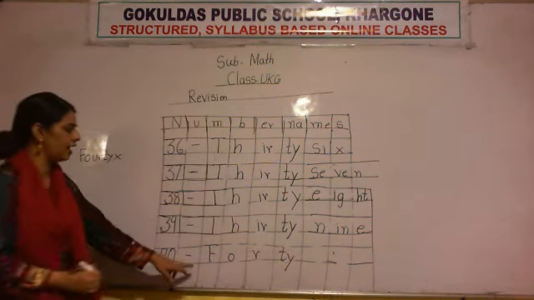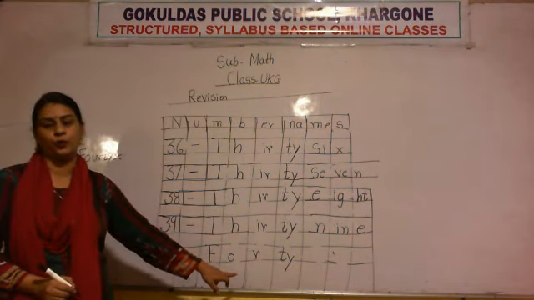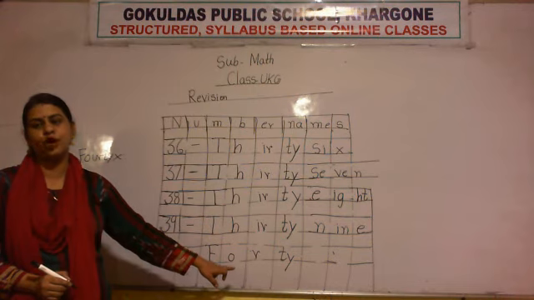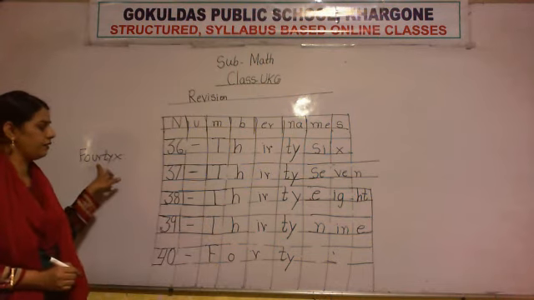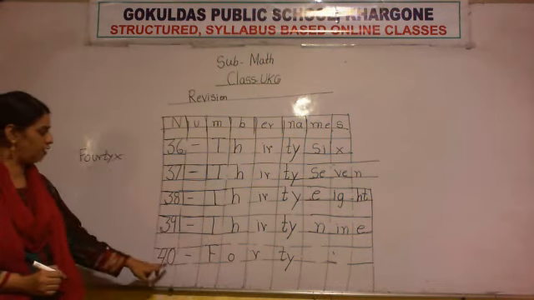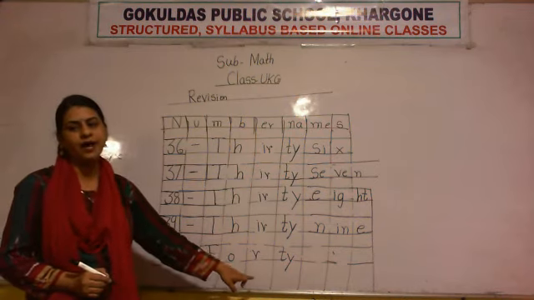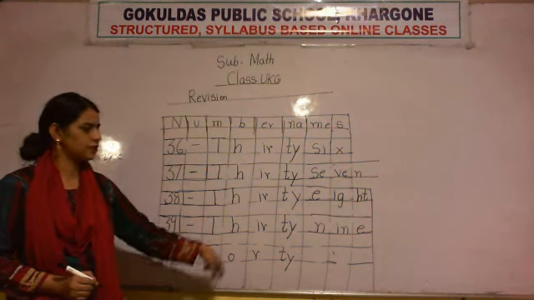Forty. See here, I am not using U here. I have not written U because if you write U, then it is fourty. But we will not pronounce it fourty. We pronounce it forty. So spelling of 40 is FORTY. 40. Now write the spellings.